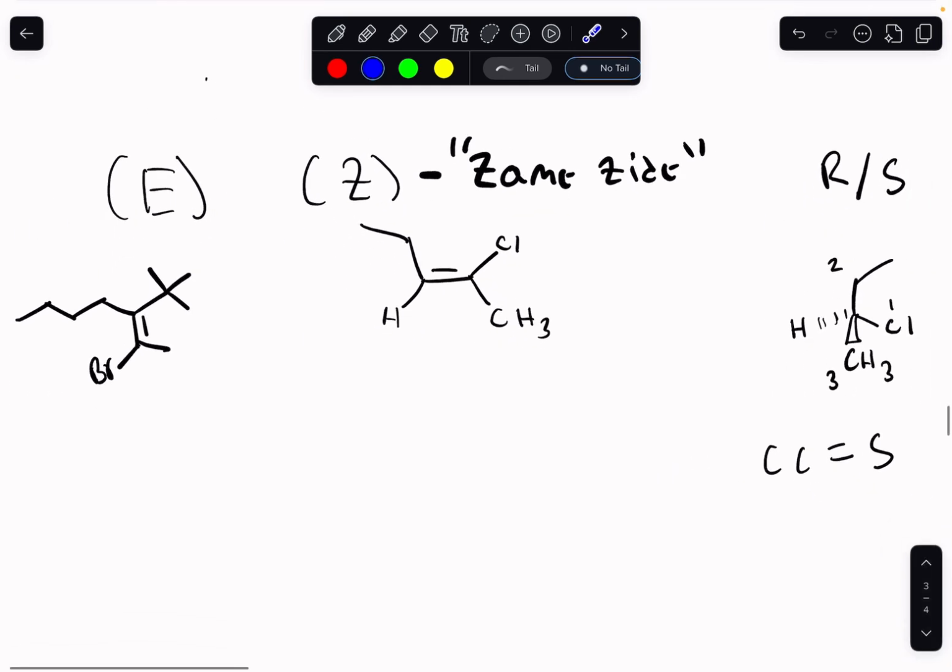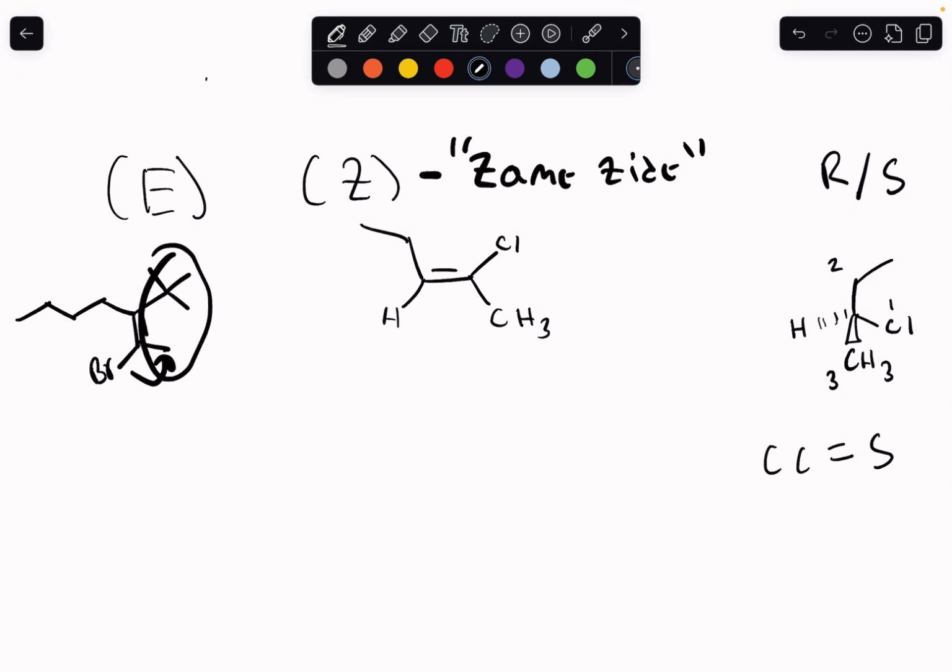Now, E is pretty much just the opposite of that. You see here how E, the priority group, the bromine, is on this side. If the bromine was on this side with this group here, then it would be on the same side as this big group.